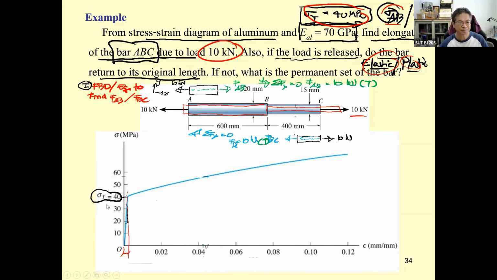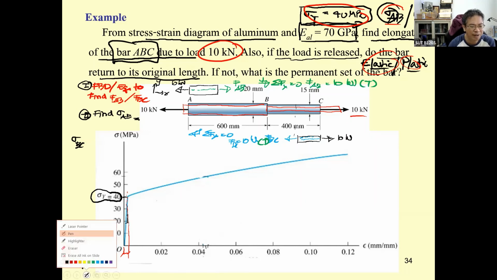And then the second step, you have to determine sigma sub AB and sigma sub BC. For sigma sub AB, you will use 10 kilonewton.